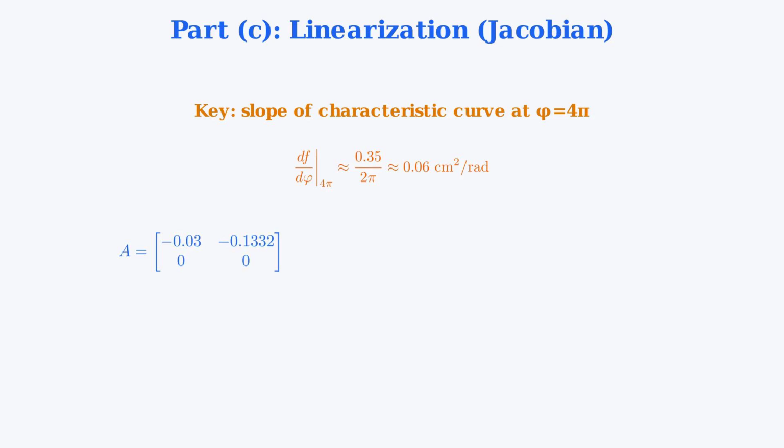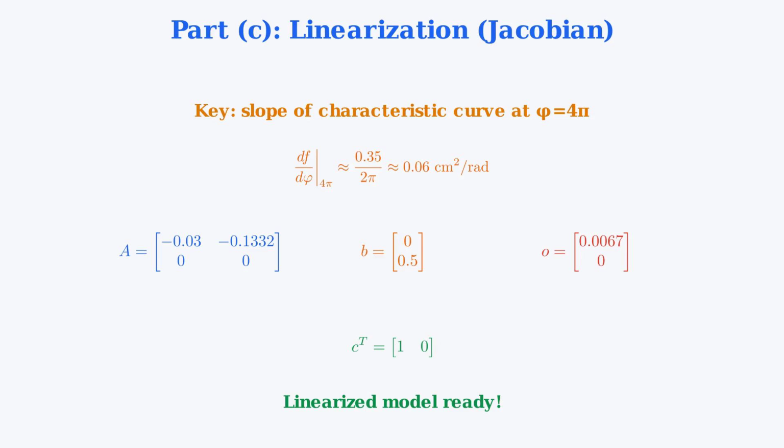For f1 with respect to x1, the derivative of 1 over A times negative f of x2 times the square root of 2gx1 with respect to x1 gives negative f of x2 times the square root of g over 2 x1, all divided by A. Evaluated at the set point, negative 0.15 times the square root of 10 over 111.2 divided by 150. This gives approximately negative 0.03.